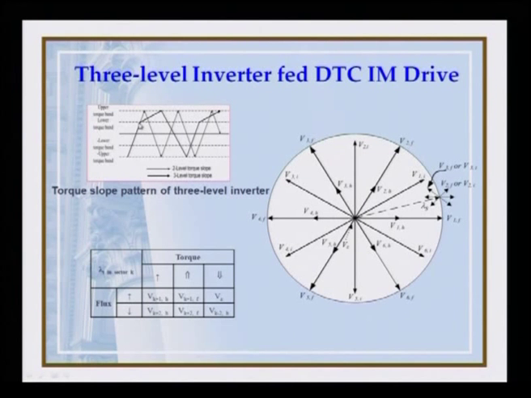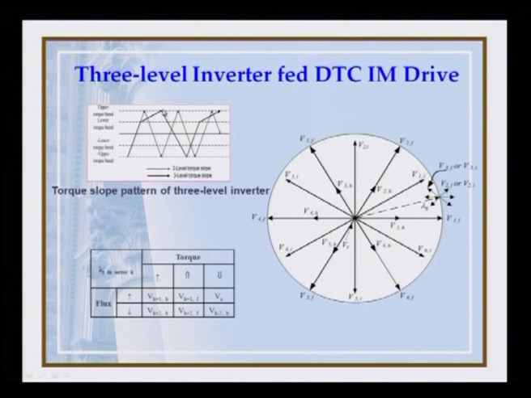So, we have increased the torque here, and then when it crosses the lower torque band, the torque need not be increased at that rate. So, what we do here, we replace the full voltage vector by a half voltage vector, and thus the slope is reduced in this case.